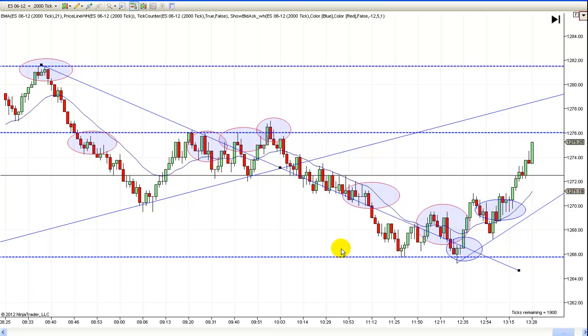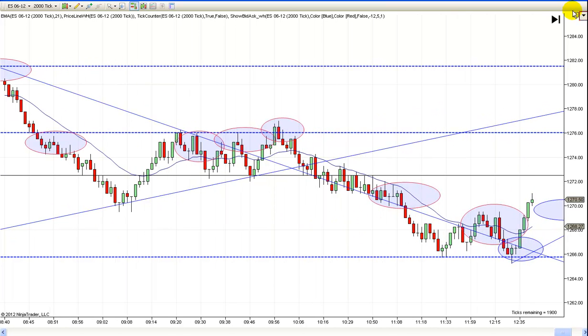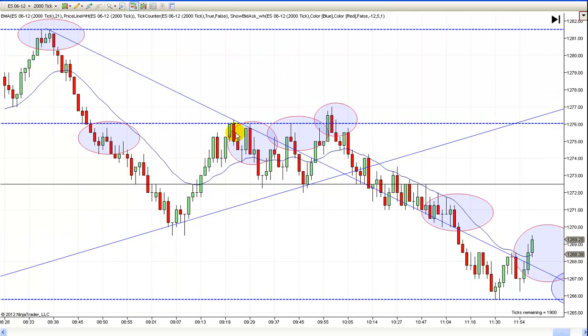You should have had it off those first two swings, and then you would have known to be thinking short right here. And I didn't take it off the first one because it wasn't clear yet. But once you had these two swings and then you come up here and test it again and it makes a double top and a big bearish reversal bar, that's an easy scalp right there. It didn't get any more, but it was an easy scalp.